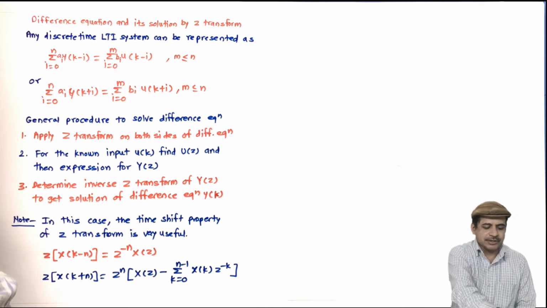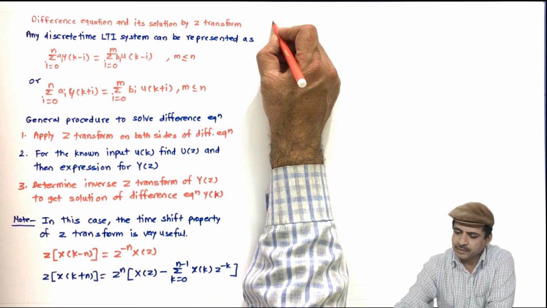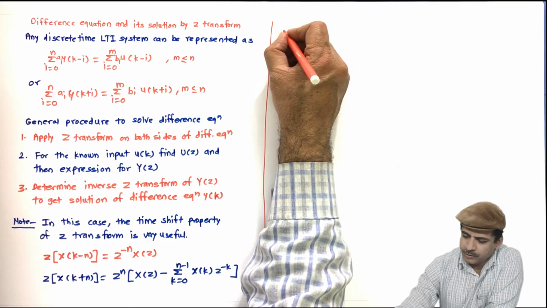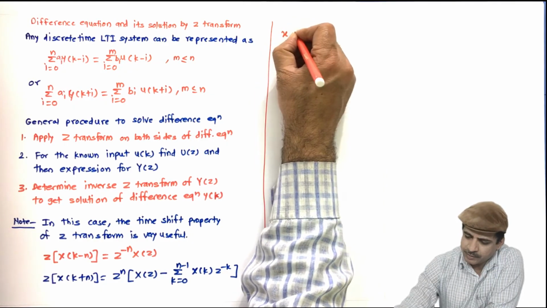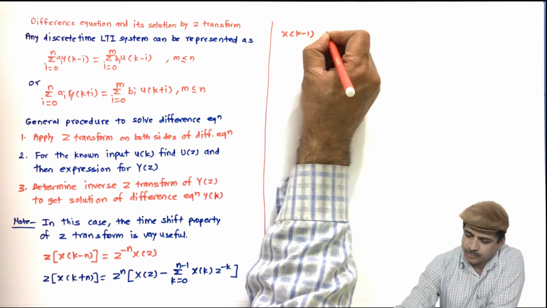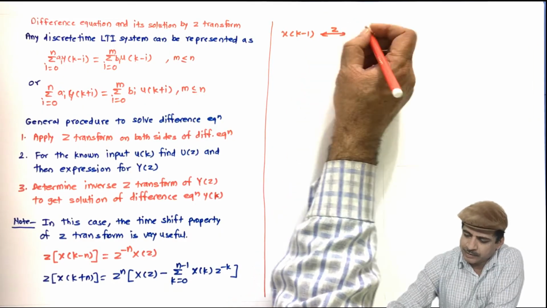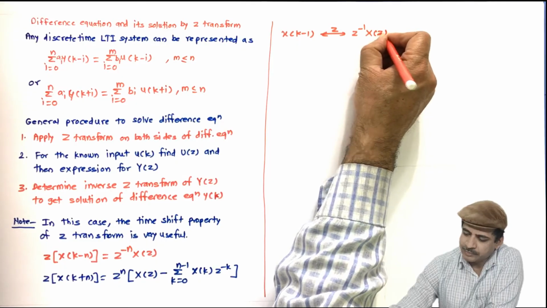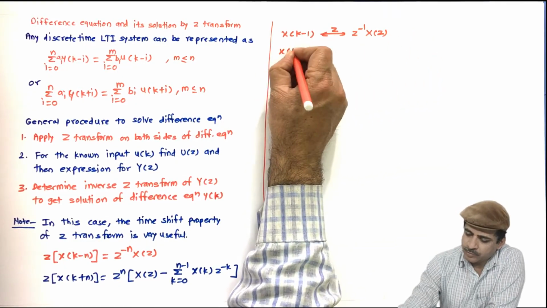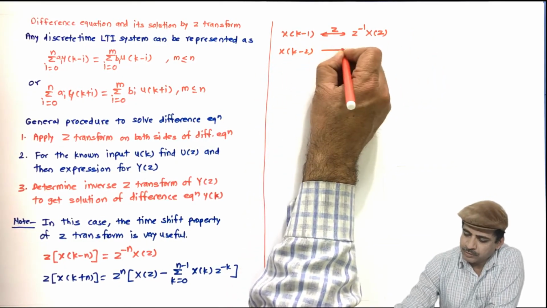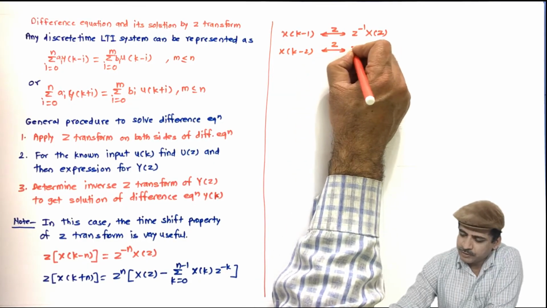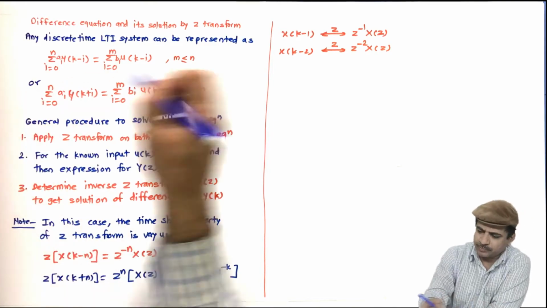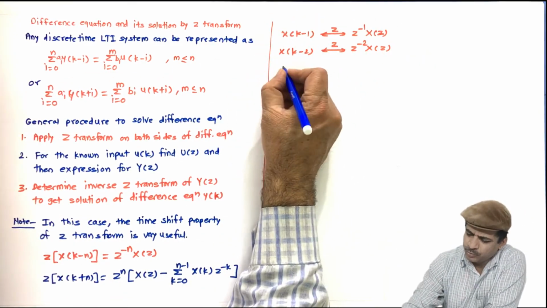For the purpose of revision, I will write here: x of k minus 1 taken Z transform is z raised to minus 1 x of z. x of k minus 2 gives z raised to minus 2 x of z, and so on. Let us keep only up to 2.